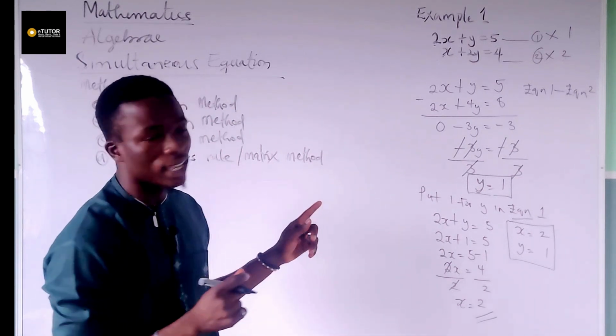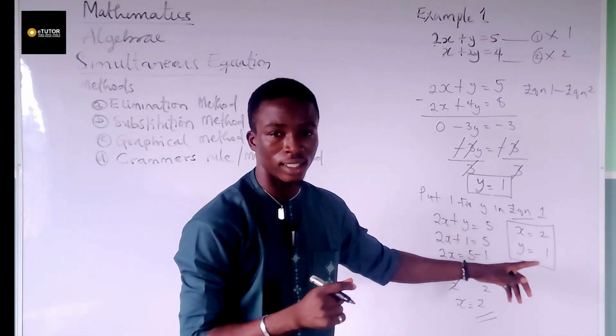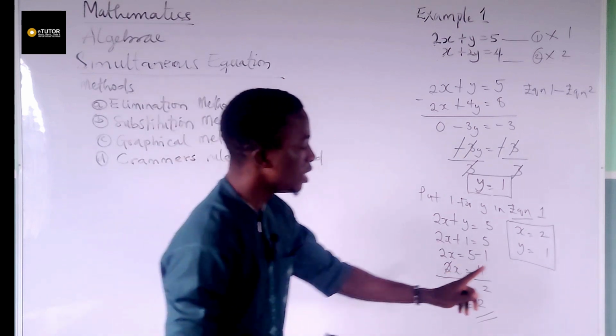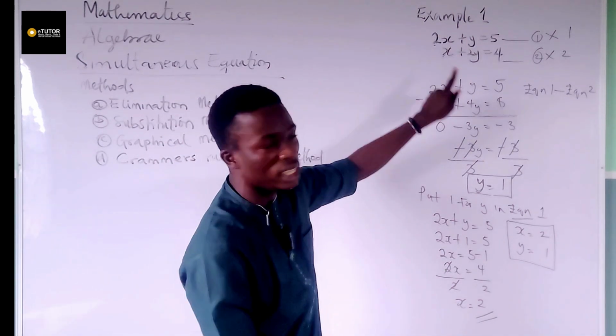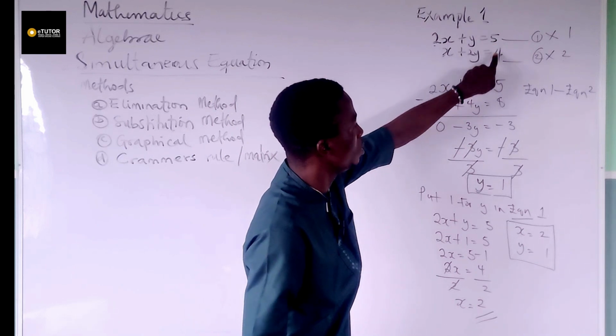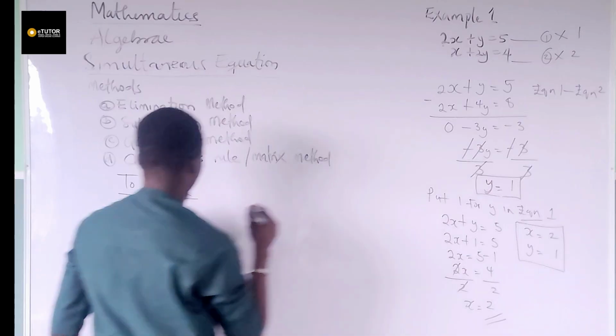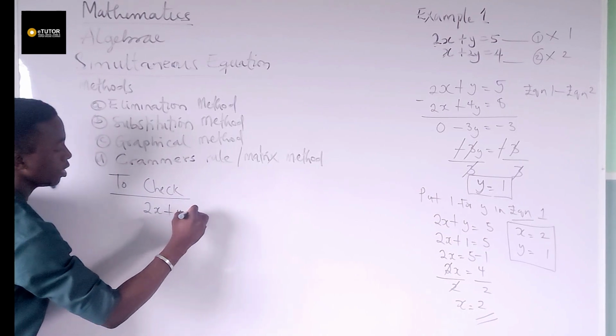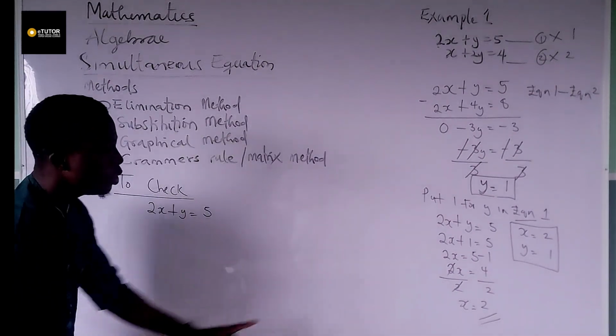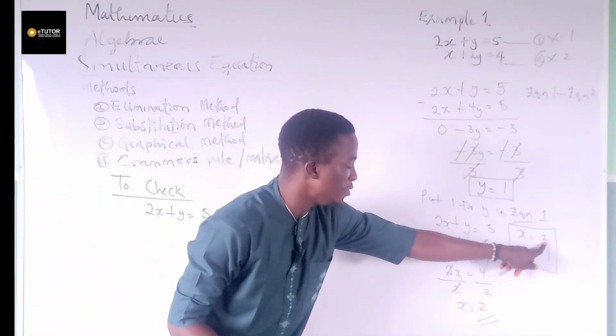And if you want to check if you've solved the right thing, there's actually a way you can check. You can easily slot in the values you've gotten inside the equations to see if you get these values. Let's do that now. Equation 1 says 2x plus y equals 5. Now we know the value of x is 2 and the value of y is 1.